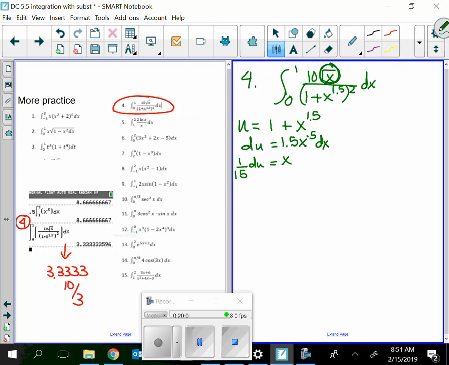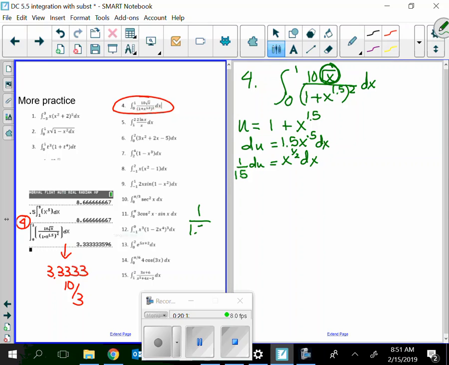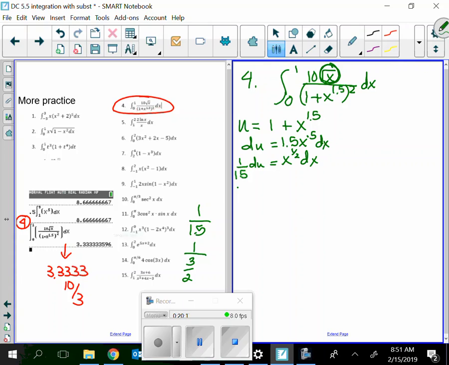And when I divide by 1.5, I'm dividing by 3/2, which means I'm multiplying by 2/3. See how smart you are? Last year that would have caused you problems. Okay, so that's what I'm swapping out.